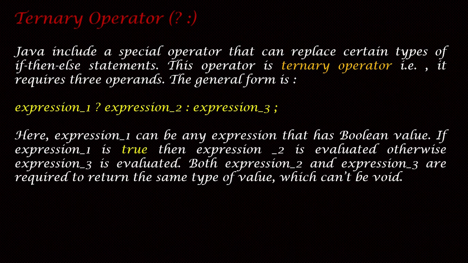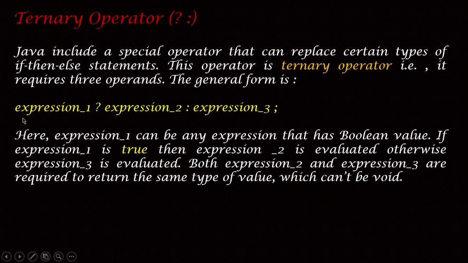Here expression 1 is basically the condition that we are checking. That expression will have 2 possible outcomes: either it is correct, that is true, or it is incorrect, that is false. If my expression 1 is true, then expression 2 will get evaluated.